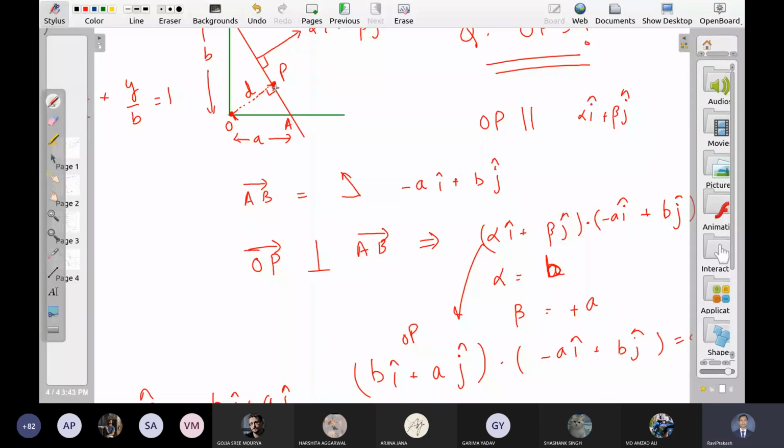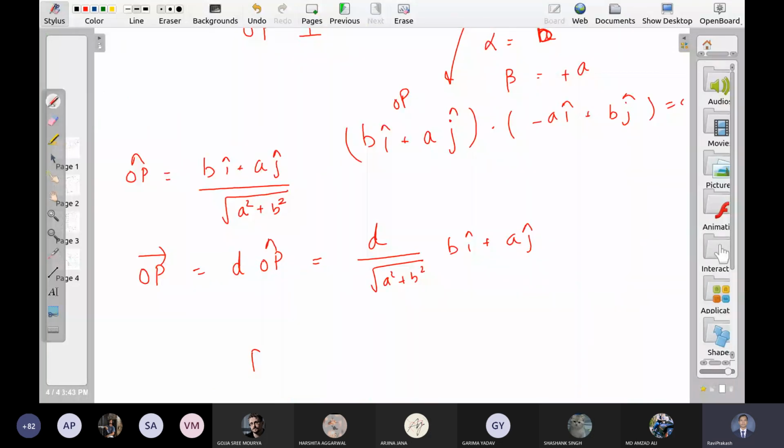So what are the coordinates of point P? Can you tell me? So point P is nothing but D upon square root A square plus B square into B, and D upon square root A square plus B square into A. These are the coordinates of P. Okay.